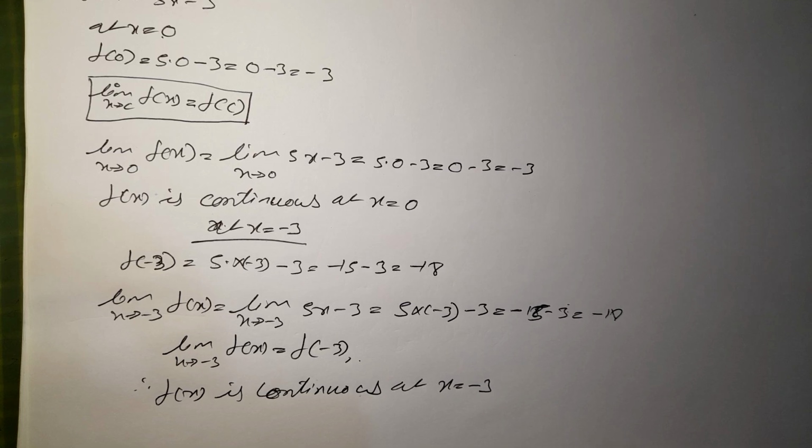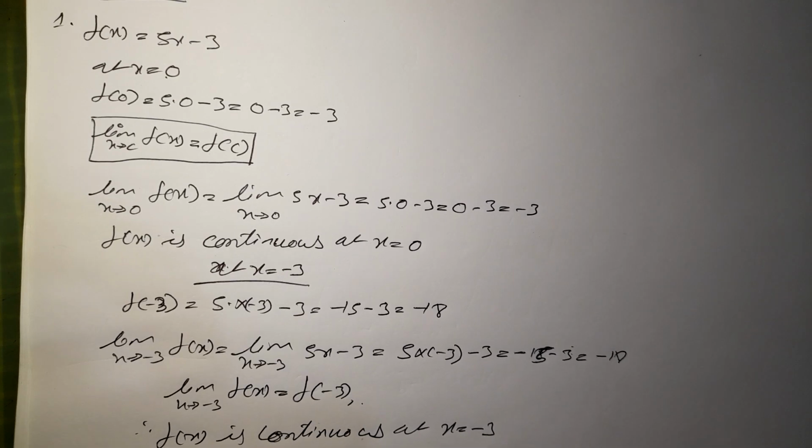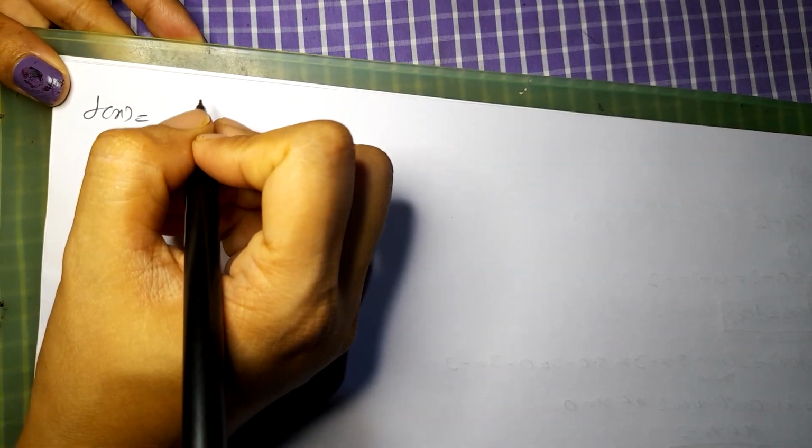Now we have to find at another point, x equal to 5. The function remains the same, f(x) is equal to 5x minus 3.